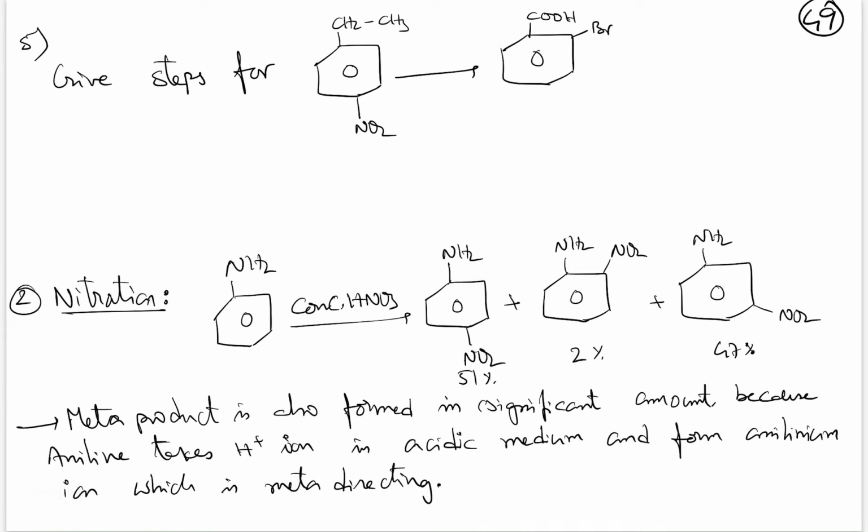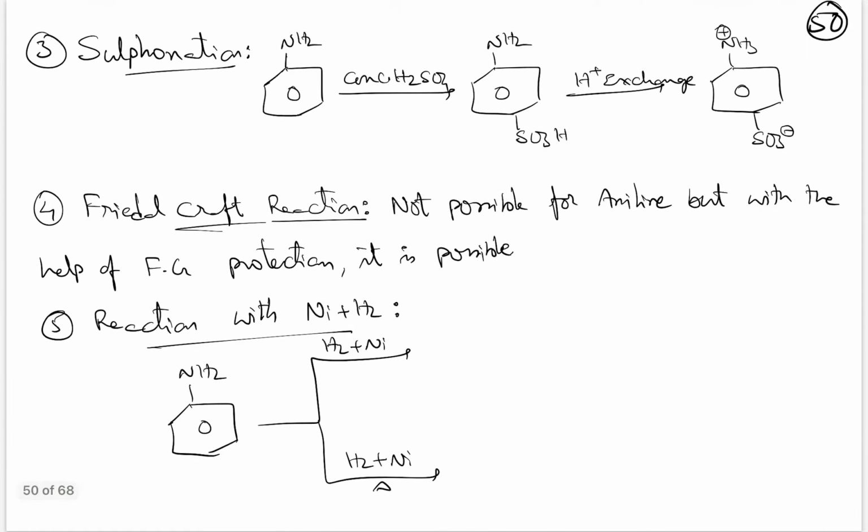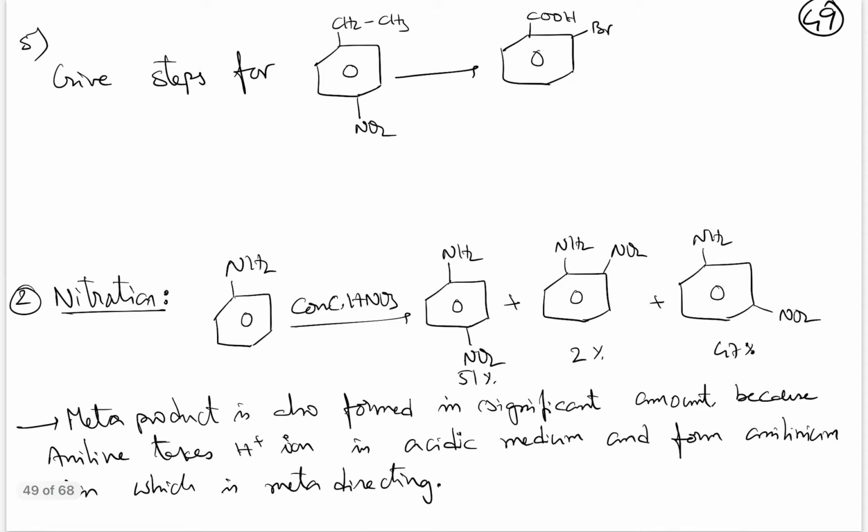Then the nitration reaction. When aniline is treated with concentrated nitric acid, you not only get ortho and para products, but also to a considerable extent the meta product. The reason for the meta product formation is, when aniline is taken along with nitric acid, what happens? Aniline will take the H plus ion from nitric acid and will form the anilinium ion, NH3 plus.